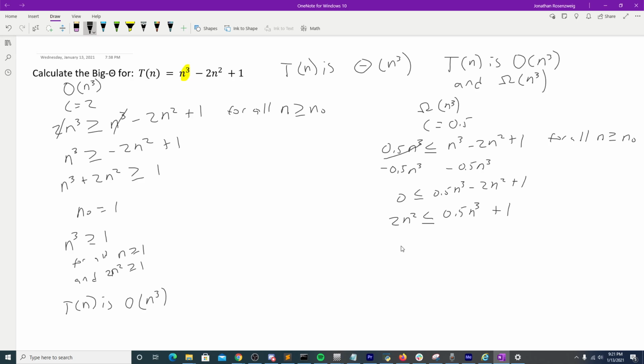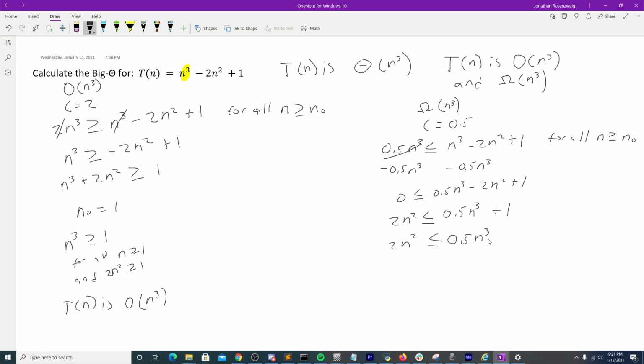So we can essentially simplify this expression to say that 0.5 n cubed is greater than or equal to 2n squared. And temporarily we can ignore this 1, because if we prove this statement, then trivially we've proved this statement as well, because 0.5 n cubed is less than 0.5 n cubed plus 1.